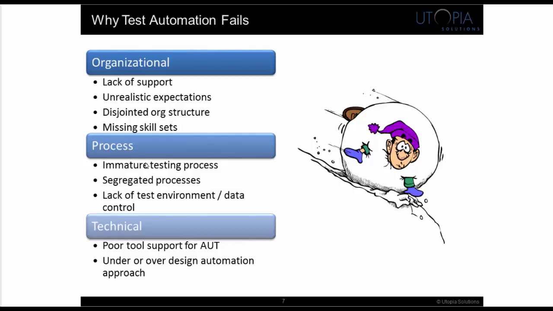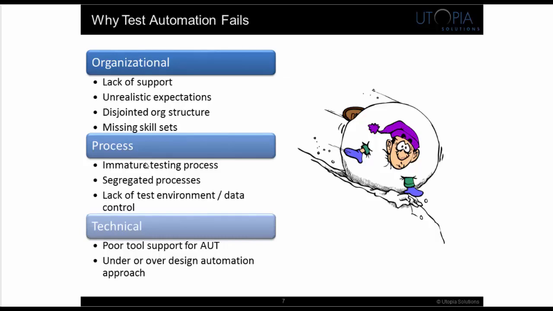They're saying we can automate 100% of our testing with a simple record and playback approach. Not having the right supporting processes in place is another cause of potential disaster. The biggest one being uncontrollable test data, whether it's traditional test automation or mobile. If you're going to run the same test over and over again and expect the same results each time, a big part of that is controlling the data associated with the test cases.